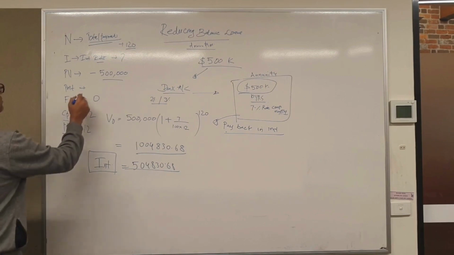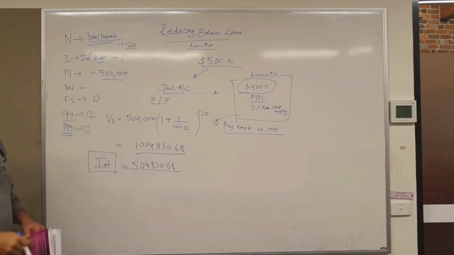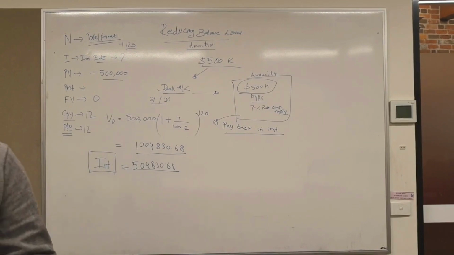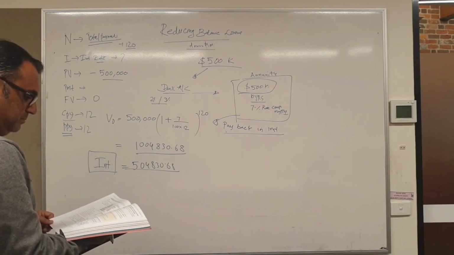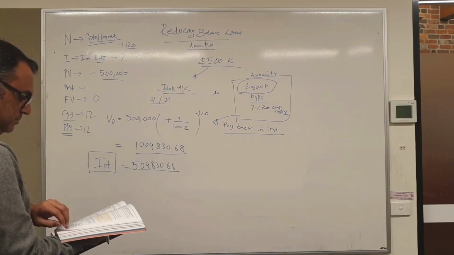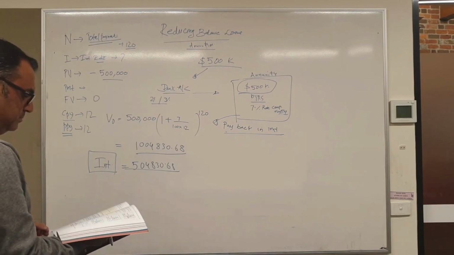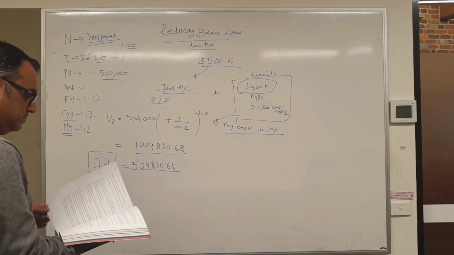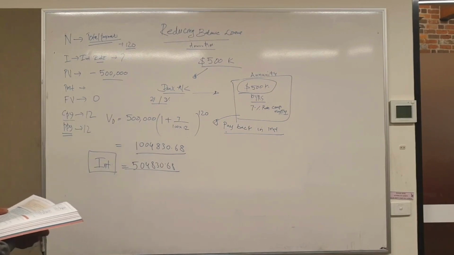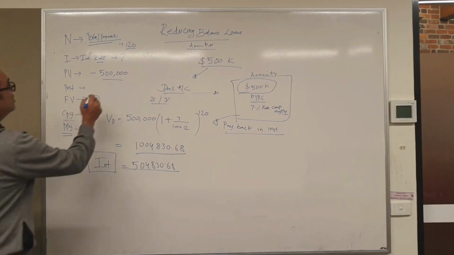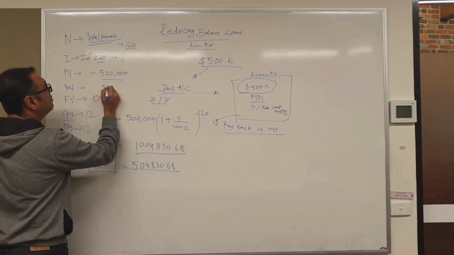Can you now go to PMT and press enter? See, what are you getting? Tell me. 5,805.42.